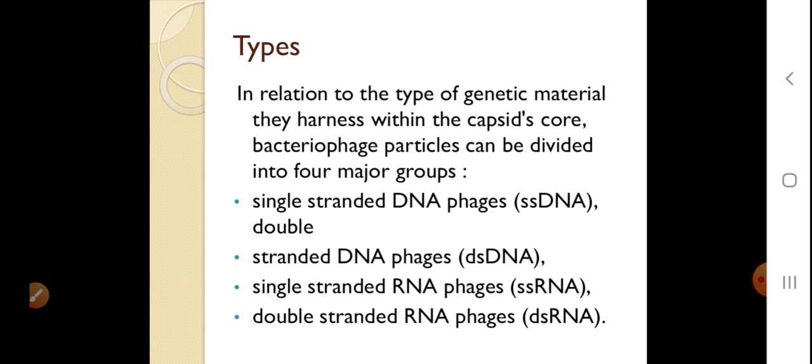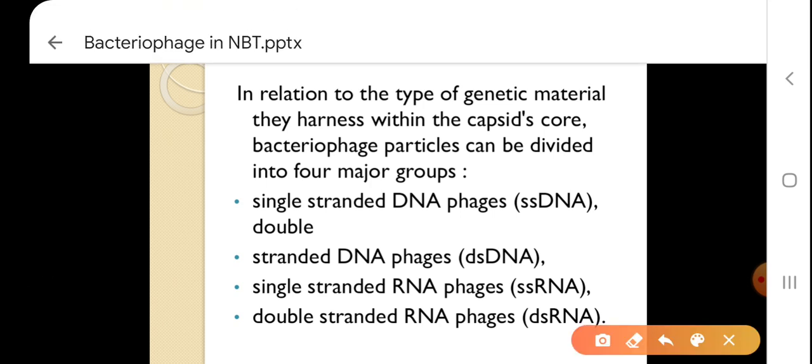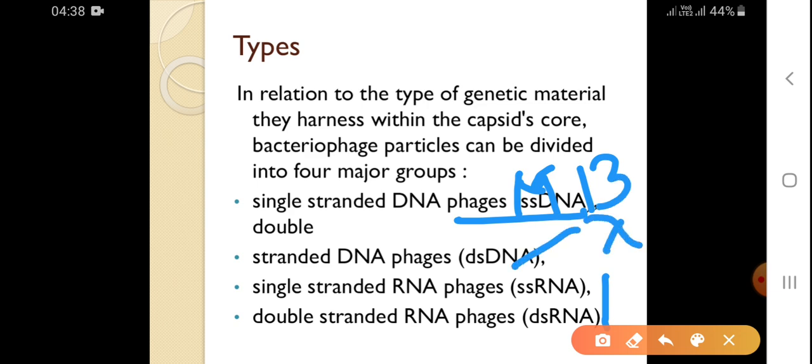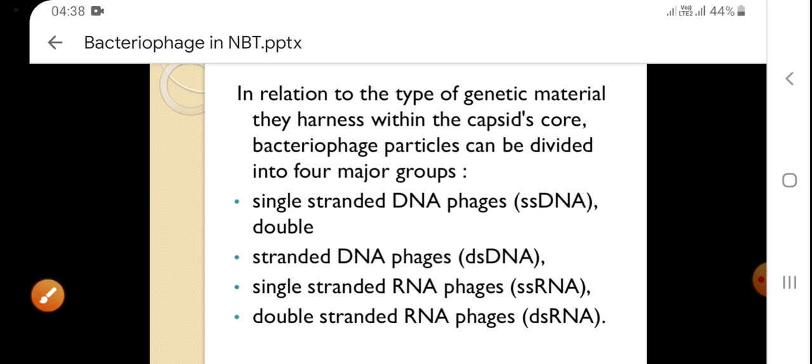Now, let us forget about the last two, the single-stranded RNA phages and the double-stranded RNA phages. We have dealt in detail with the single-stranded DNA phages, the classical example being M13, and the classical example of double-stranded DNA phages being lambda. So we have dealt with these in detail already.